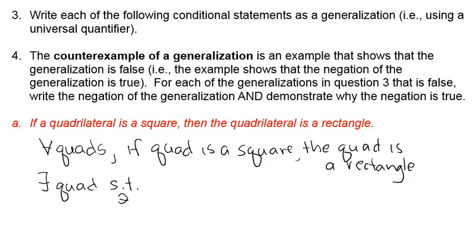Now, the negation of P implies Q, which we focused on Wednesday, is P and not Q. So we'd say P, the quadrilateral, is a square, and the quadrilateral, it's P and not Q, the quadrilateral is not a rectangle.